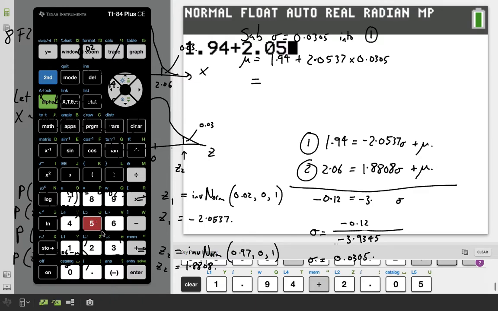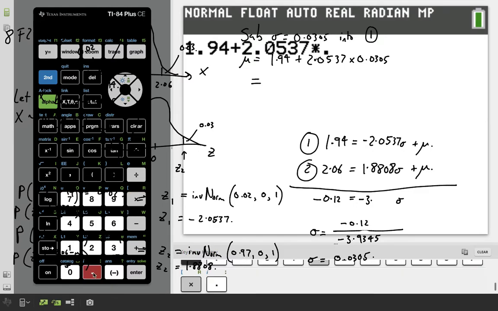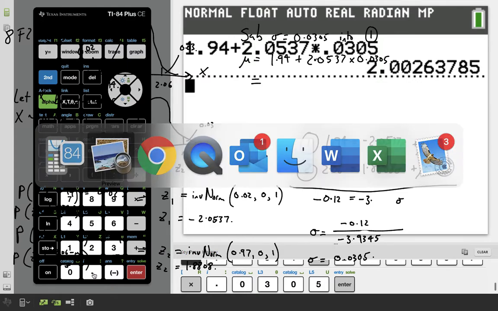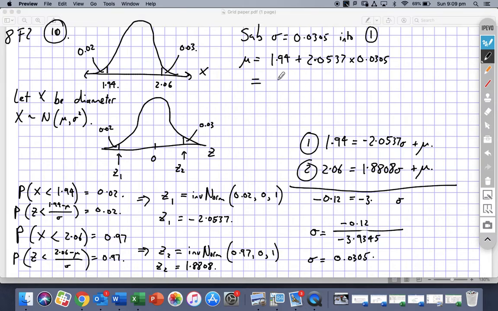So 537 times 0.0305, and I get 2.00 rounding up 3. 2.003. And I'm going to keep my mean and my standard deviation, which I worked out there, for part 2 of this problem.